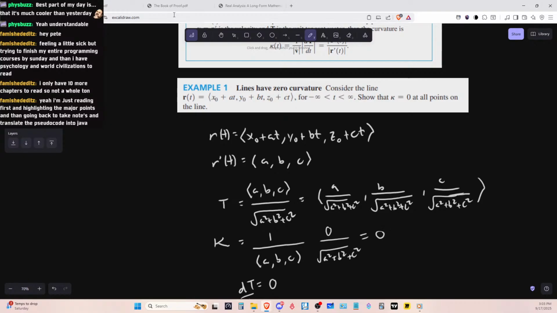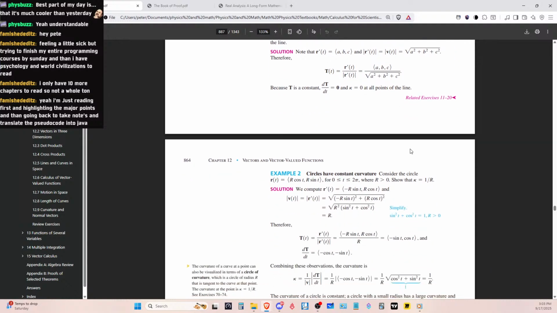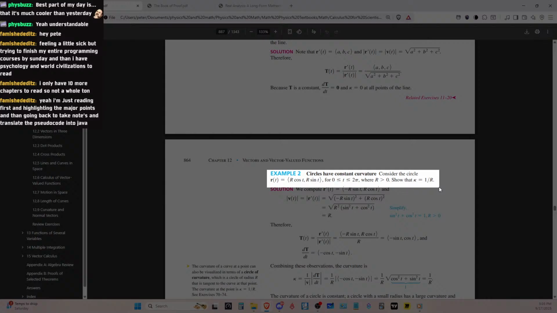That's how it's supposed to go. Yeah, because it's constant. So, okay, we managed to figure that one out. Let's try example number 2. Let's see how that looks.